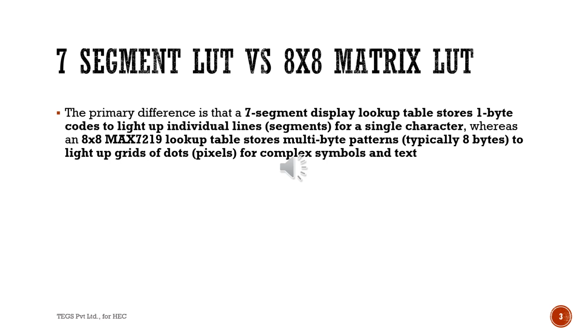The primary difference is that the 7-segment display lookup table stores a 1 byte code to light up individual line segments for a single character, whereas the 8x8 MAX7219 display lookup table stores a multi-byte pattern, typically 8 bytes, to light up a grid of dot pixels for complex symbols and text.